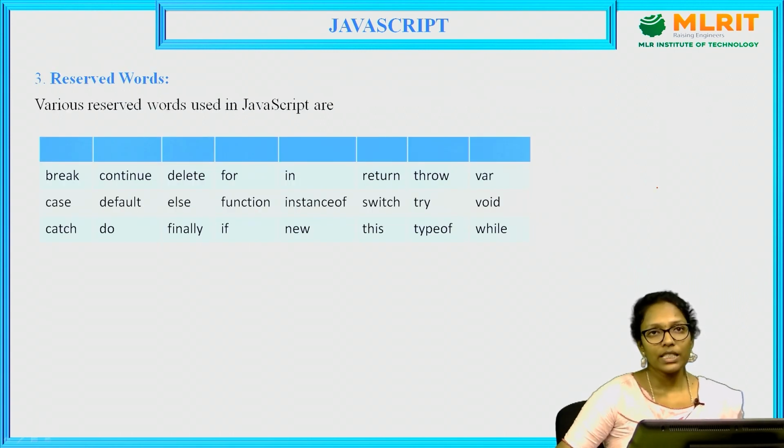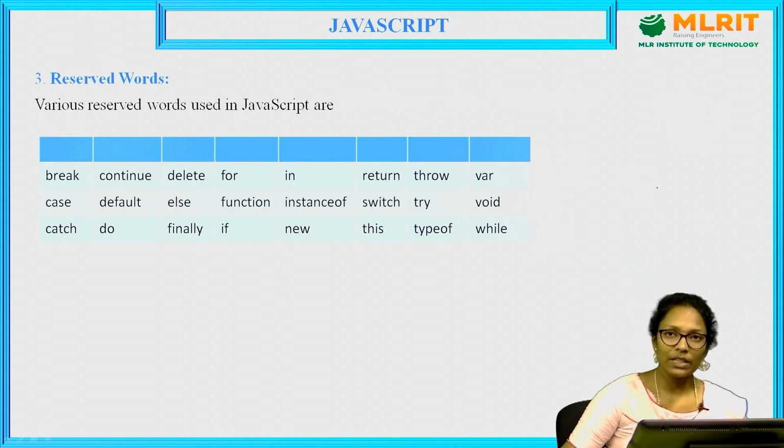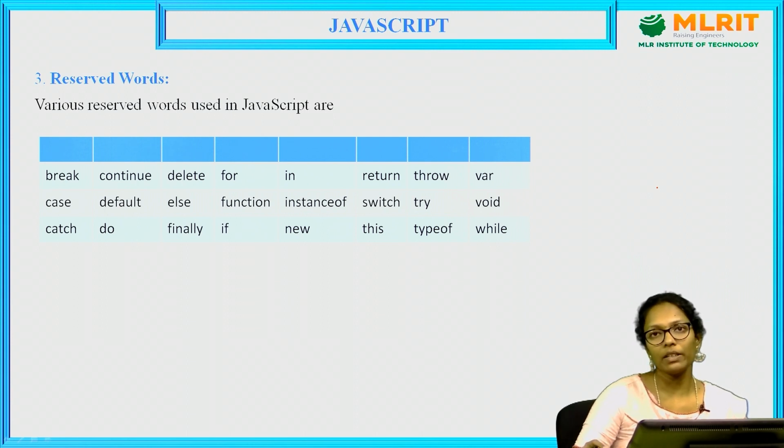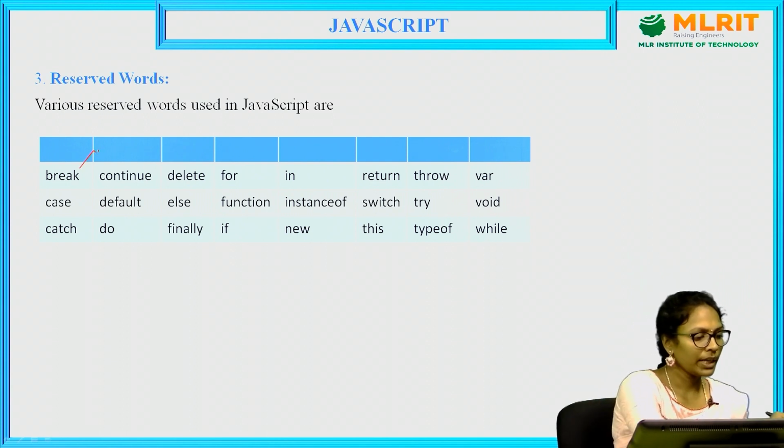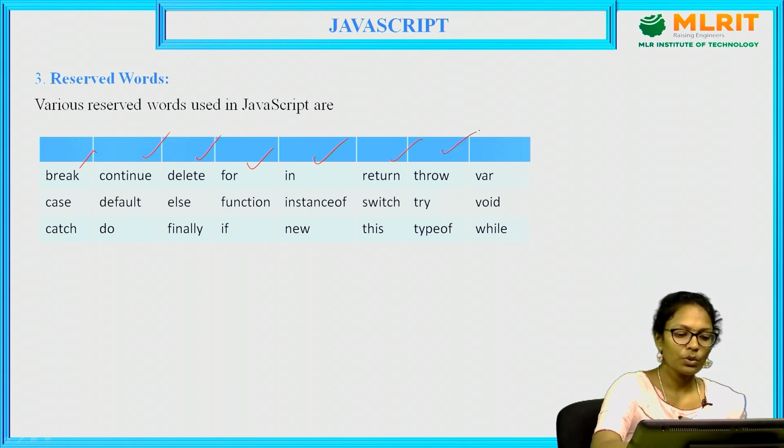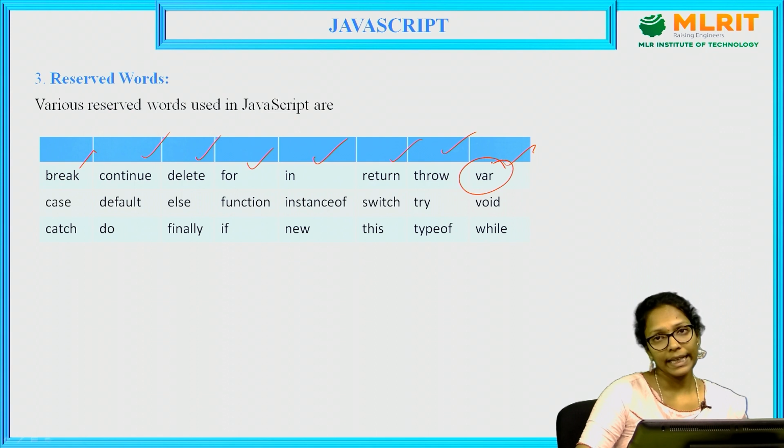Next is reserved words, that means keywords. We have some predefined words. They already have a fixed meaning which we cannot change. These are all keywords, and we cannot use these keywords as our variable names. Some keywords are break, continue, delete, for, in, return, throw, var. Var is used to declare your variables.